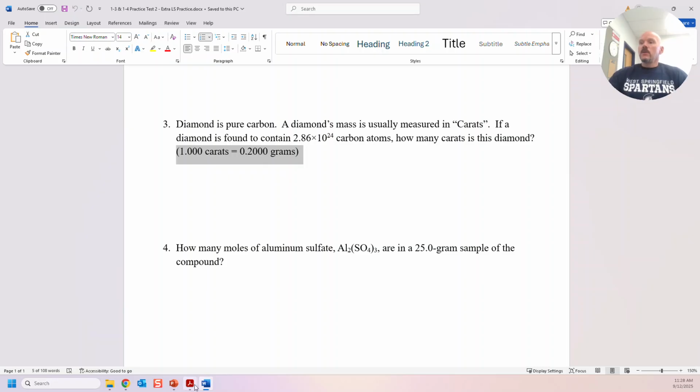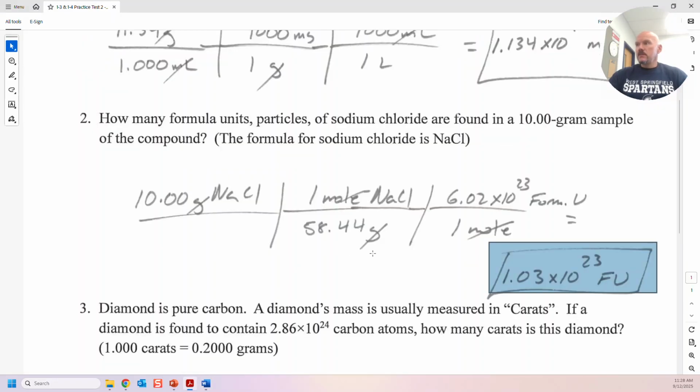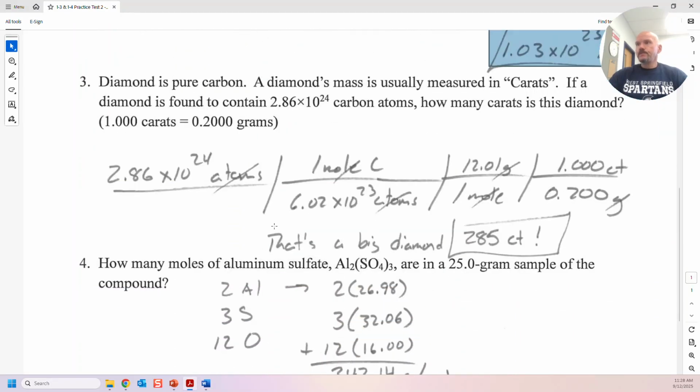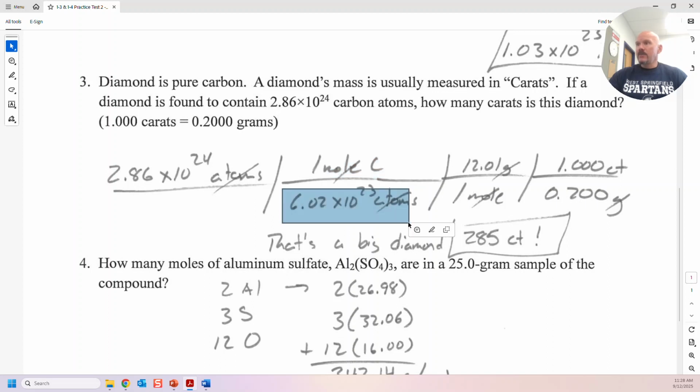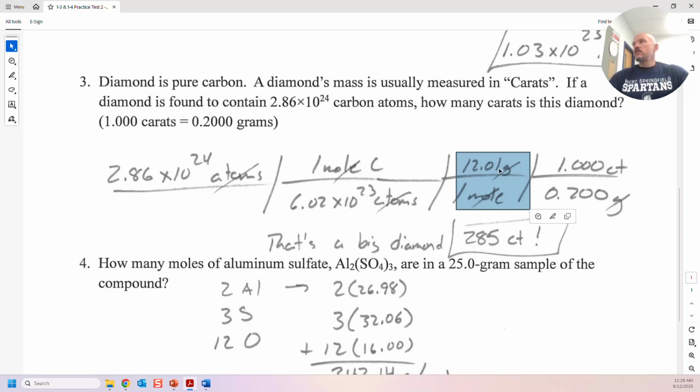Okay. So again, I'll go back to the answers here. So we would start with our particles. We would say 1 mole of the element, in this case, carbon on top, for every Avogadro's number of atoms. That'll cancel out atoms or particles and get us to moles of carbon. Okay. Then we're going to multiply by the molar mass. So where did we get the 12.01? We went to our periodic table.